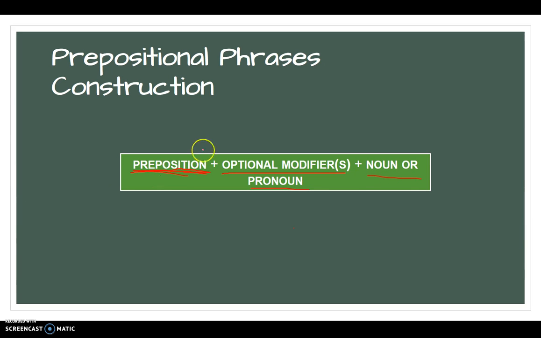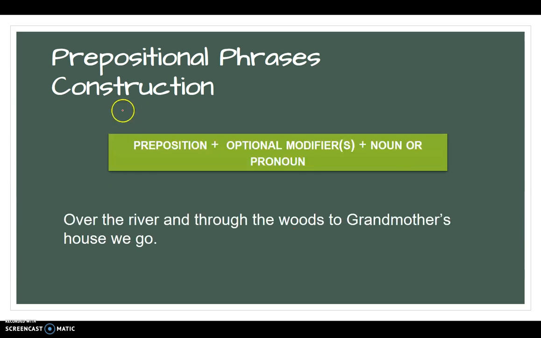So if we take a look at an example here, and we'll use our original sentence, it starts with a preposition. So over is a preposition. Through is a preposition. To is a preposition. Then it has optional modifiers. And of course, when you say optional, it means sometimes it has modifiers, sometimes it doesn't. The is a modifier. The again. Grandmother's is a modifier as well. And then it ends with a noun or pronoun.